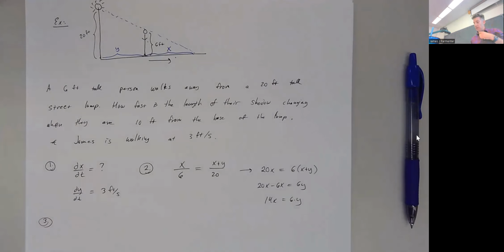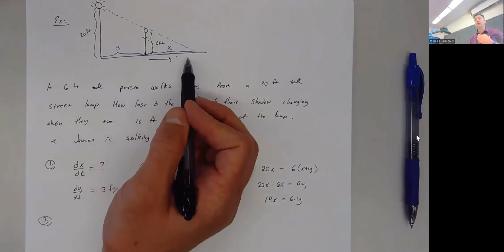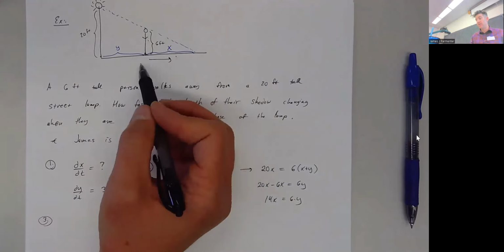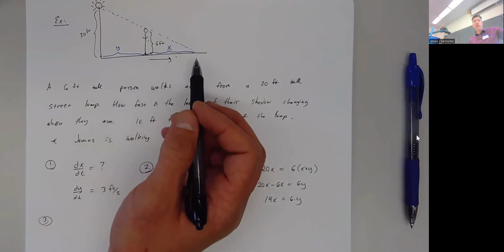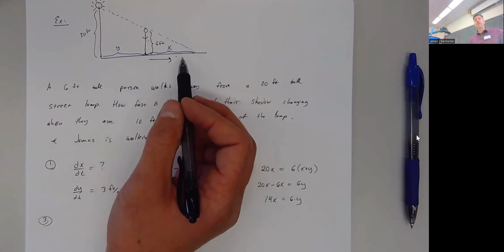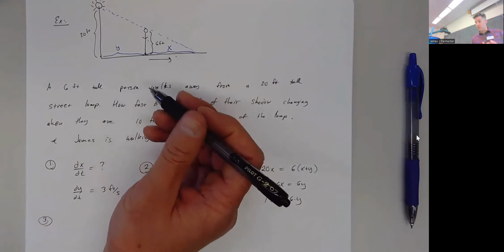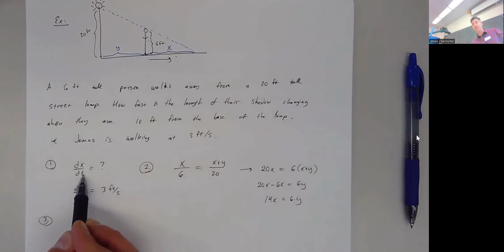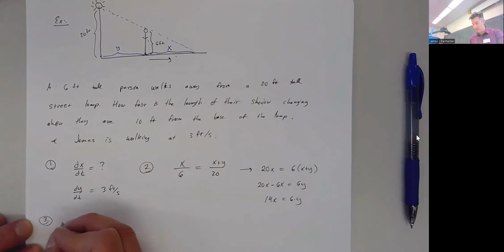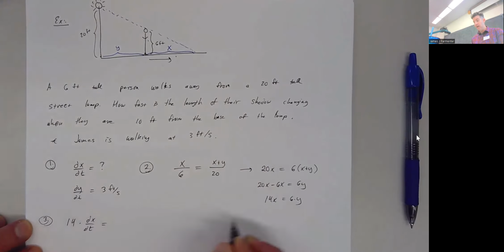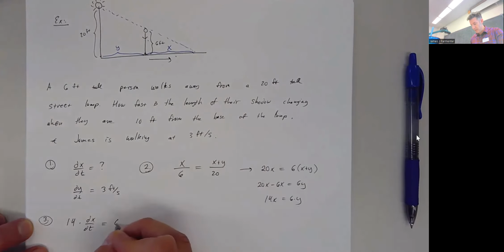We are imagining this x depends on time, right? This length, as time goes on, I'm going to walk that way, and that length is going to change. So x is a function of time, and we're going to differentiate x with respect to time to get dx/dt. So the derivative of x is dx/dt, and the derivative of 14x is 14 times dx/dt. And same deal over here. You get 6 times dy/dt.